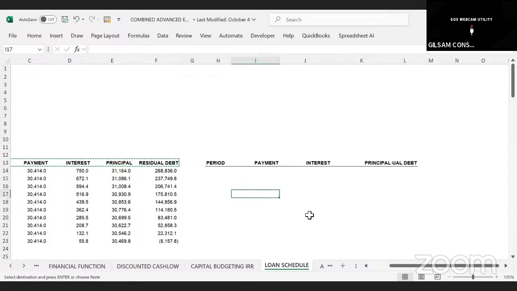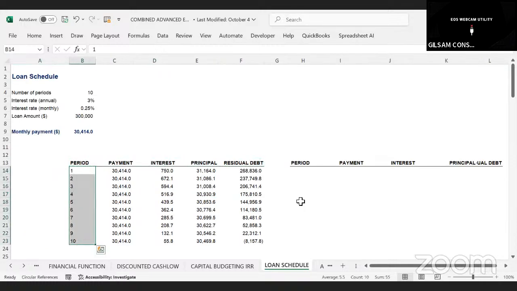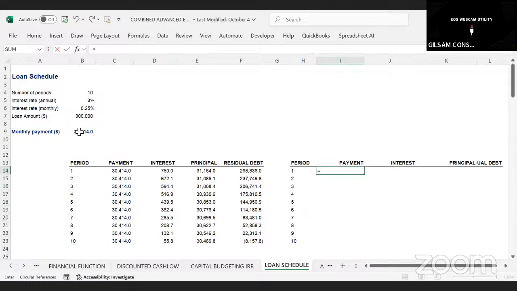So unaweza kuja hapa you copy this data, this period up to the 10 period, and then paste here, and then to get the payment. This is the installment which will be constant throughout the year. So maybe you equate to this, and then it should be constant throughout the period. You copy this one.